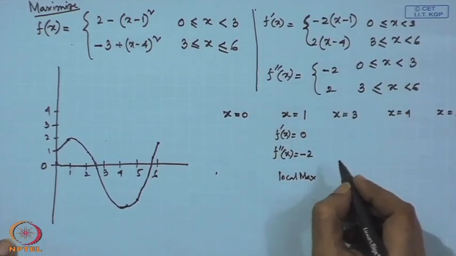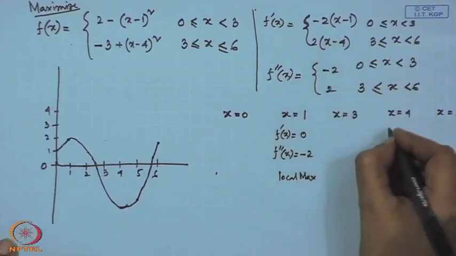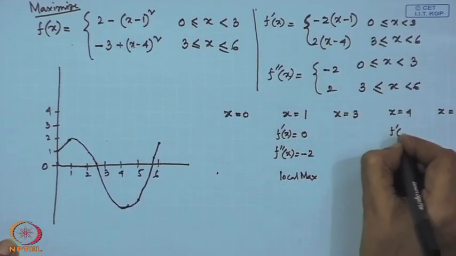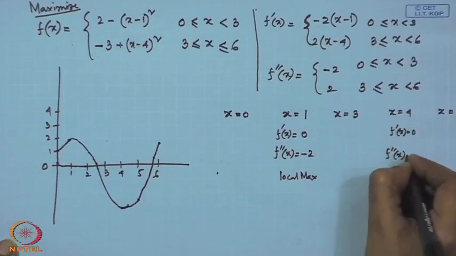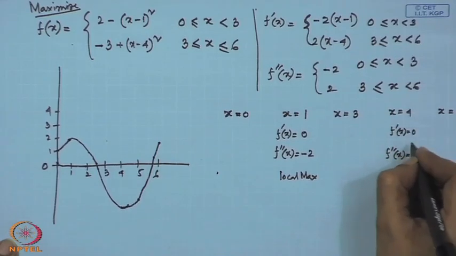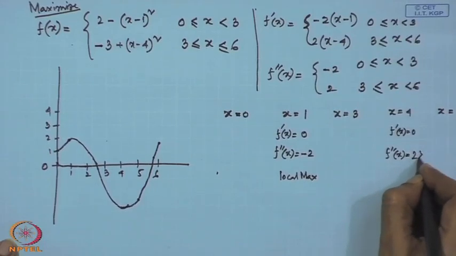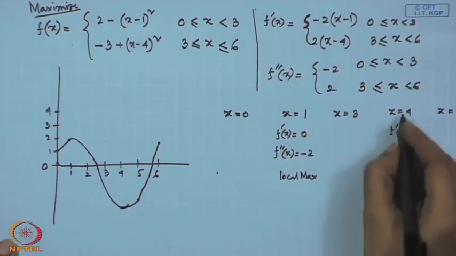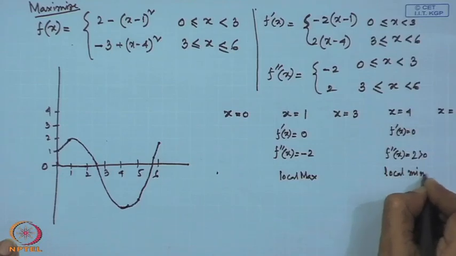Now, what about x equal to 4? At x equal to 4, f dot x is 0, and f double dot x at x equal to 4 is 2. This is greater than 0, positive. That is why x equal to 4 is the local minimum point.